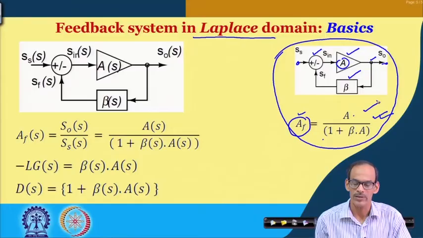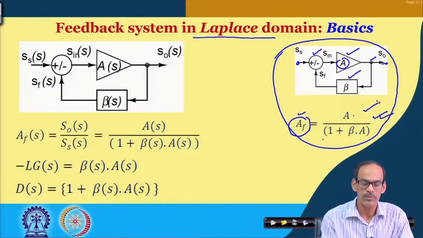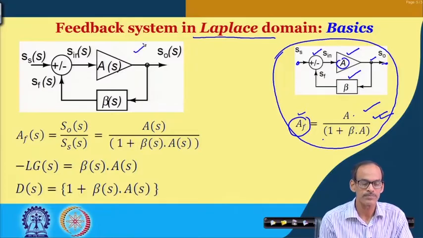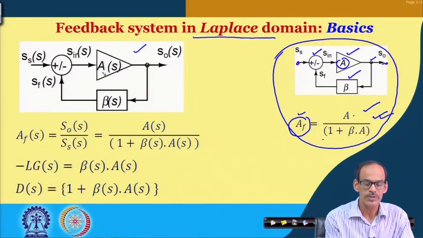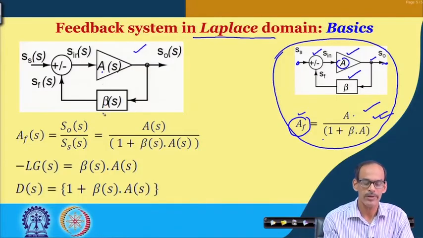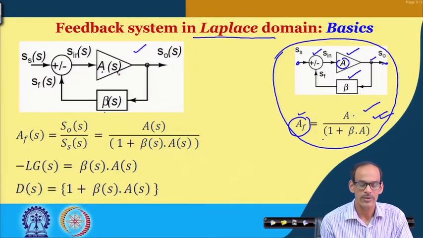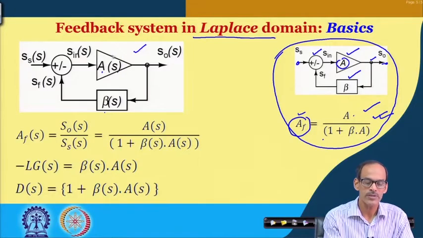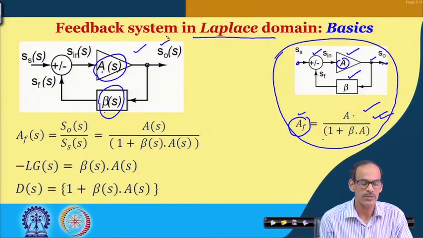In the Laplace domain, each transfer function, particularly A and beta, has frequency dependency, and is represented by A(s) and beta(s), and likewise the signal may have frequency dependency.